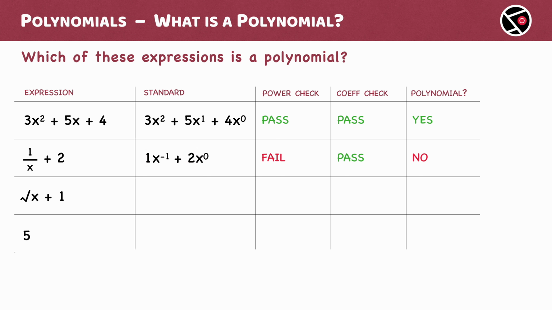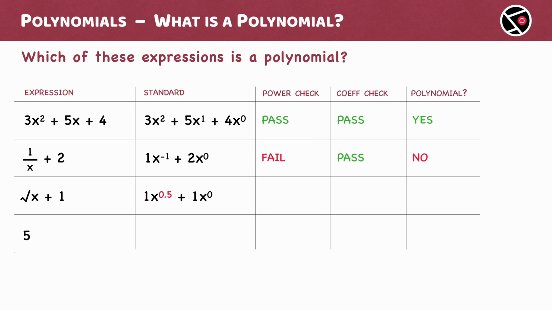Now let's look at the third expression. Square root of x can be written as x to the power 1/2. So the expression becomes 1x to the power 1/2 plus 1x to the power 0. The power of x in the first term is 1/2.